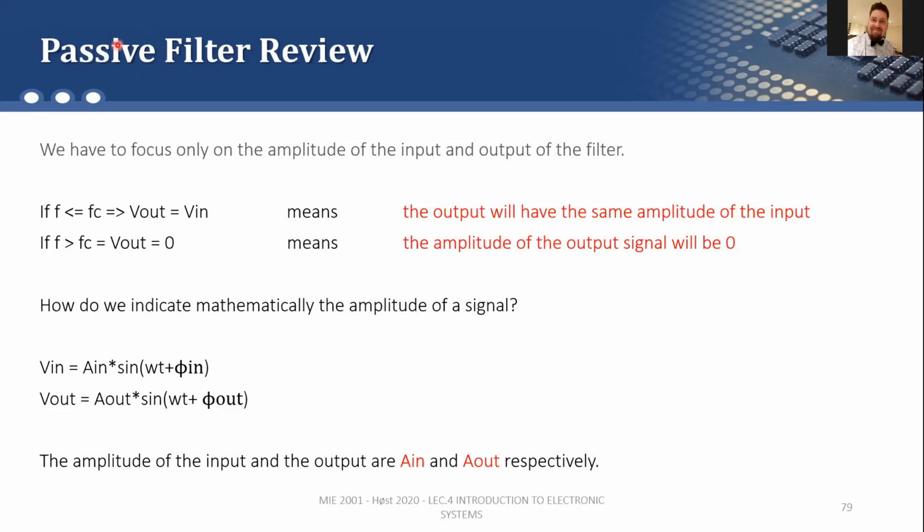You have seen already, when I presented the sensors yesterday, that there are two types of sensors, active and passive. In general, passive devices do not require a power supply. They still require an electrical signal, of course, which in this case comes from the input of the filter, but they do not require a power supply to work.